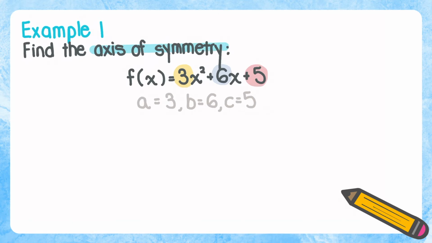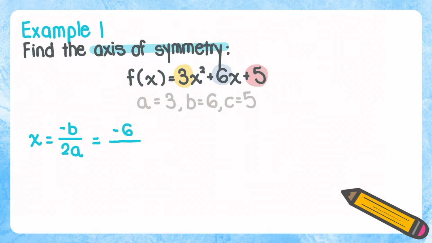So the formula to find the AOS is x equals negative b over 2a. So negative b divided by 2a. What's b? b equals 6, so I'm going to replace the b with a 6.